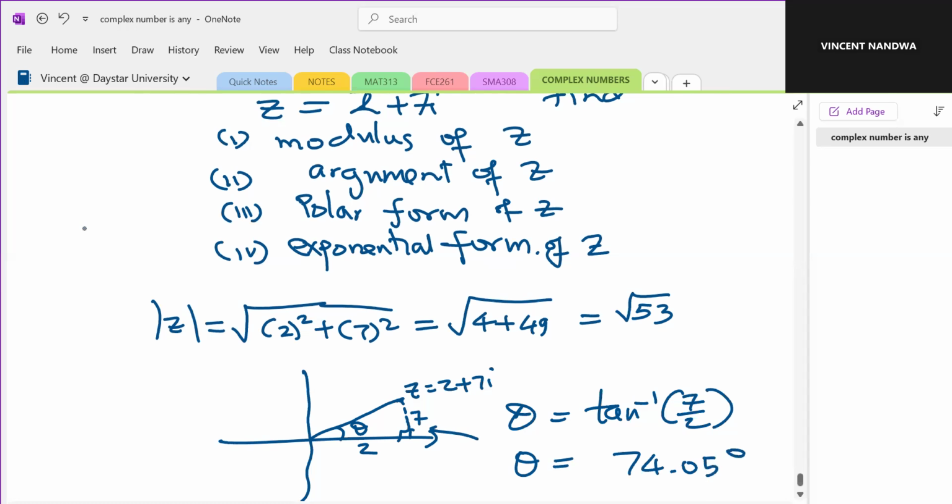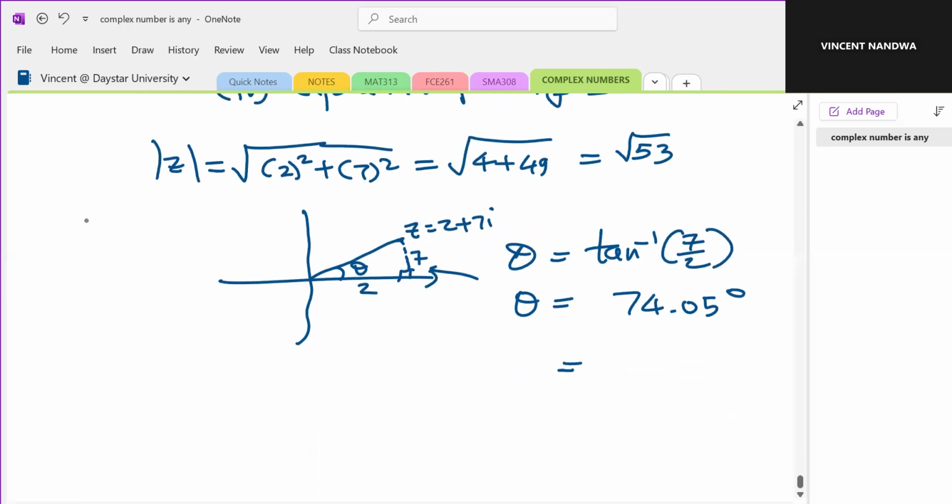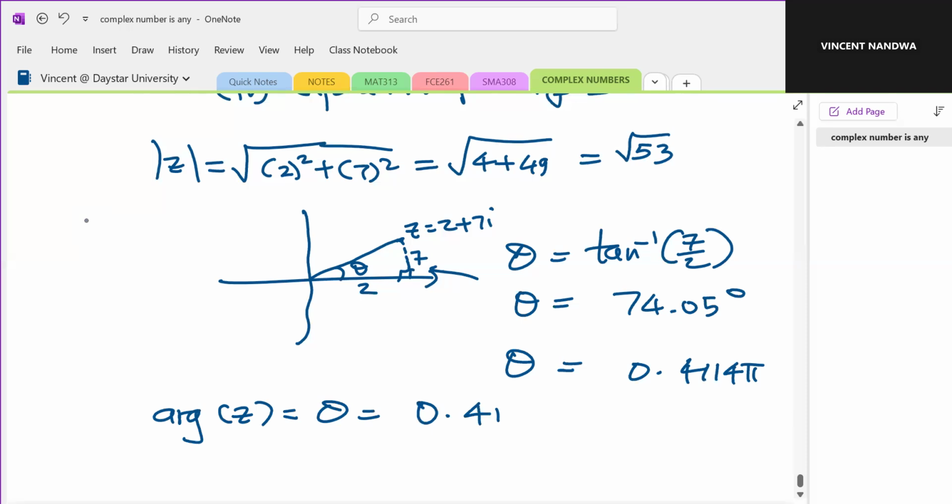When you multiply by pi over 180, this is the same as 0.4114 pi radians. So the argument of z for this problem will be the same as theta because it's a complex number in the first quadrant. So it'll just be 0.4114 pi radians. That is what we get there.